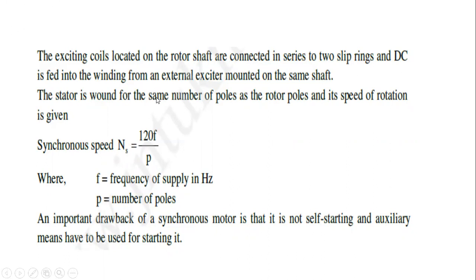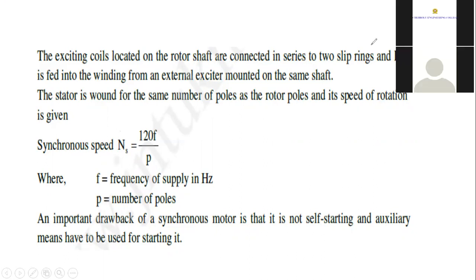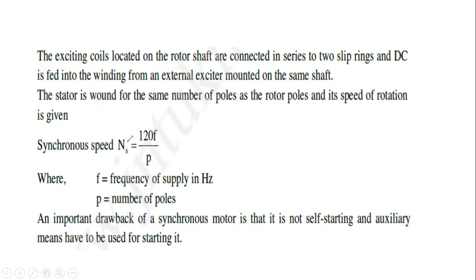The stator is wound for the number of poles of the rotor, and the rotor rotates at synchronous speed, indicated by Ns. The formula is Ns equals 120 f by P, where Ns is the synchronous speed, f is the supply frequency and P is the number of poles.